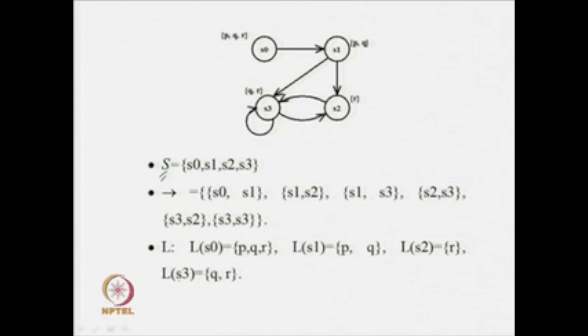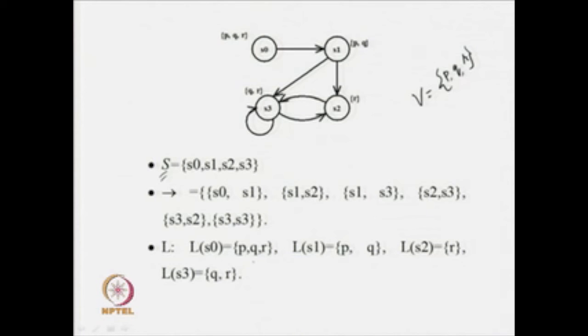The labeling function says that we have a set of atomic propositions, and the atomic propositions here are P, Q and R. S0 is labeled with P, Q, R, which says that all of P, Q, R are true here.